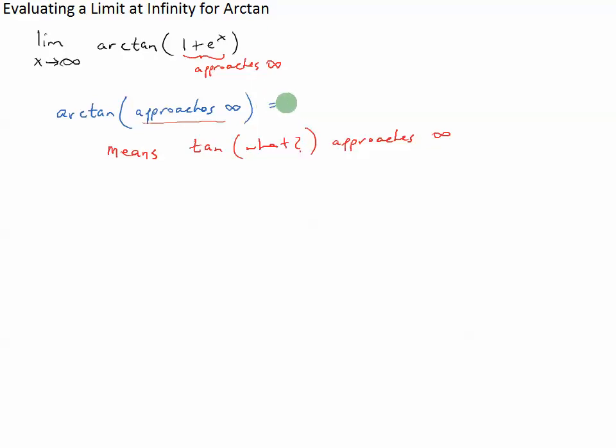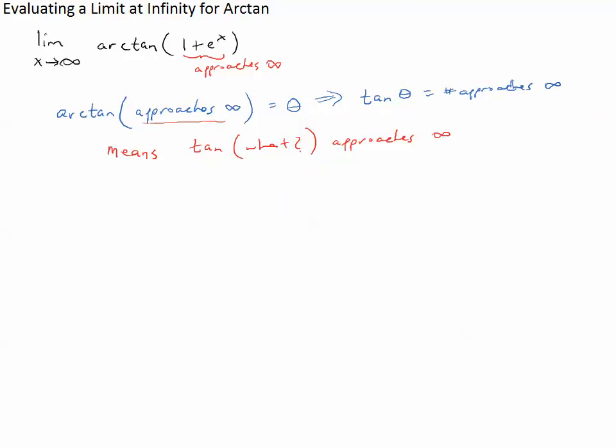Because if we were to call this theta, arctan results in an angle, then the conclusion from that would be that the tangent, not the arctan, but the tangent of theta would be that number that approaches infinity. And that's what we're saying exactly right here. The tangent of something, this theta that we don't know, approaches infinity. So we're trying to figure out what angle this would be.